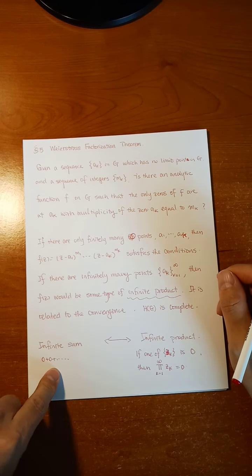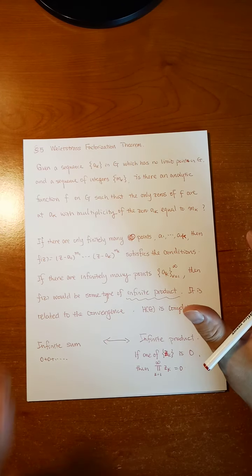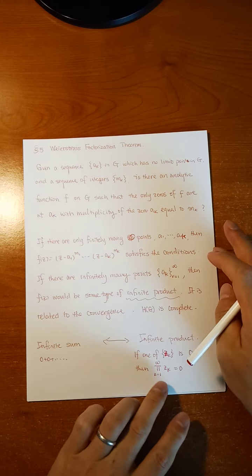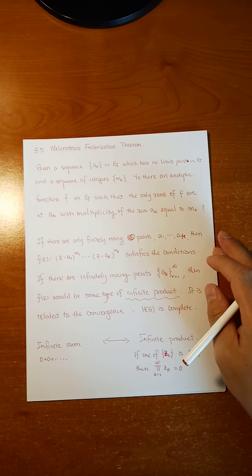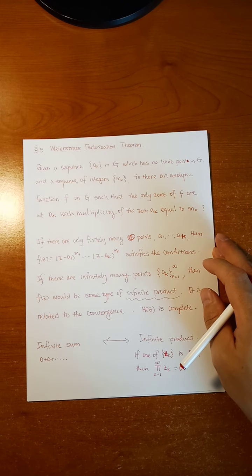For the infinite sum, there is only one trivial case, but for the infinite product, you do not study the case where one of the elements is 0.